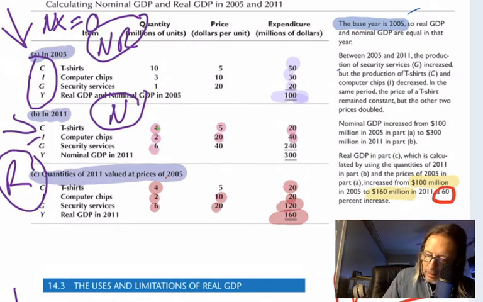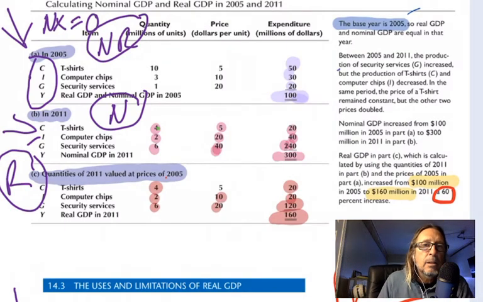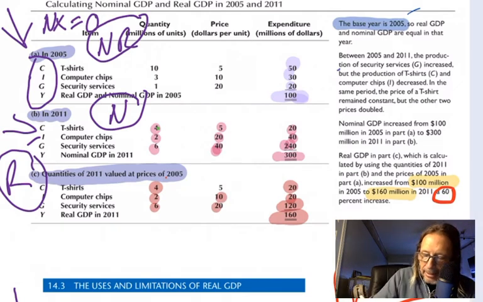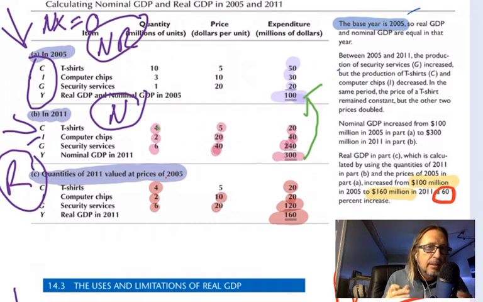So that gives us 300. Now again, what we did was nominal, right? We did 2011 prices multiplied by 2011 quantities. The problem with that is that comparing this number to this number doesn't tell us anything because there's nothing connected between the two of them.